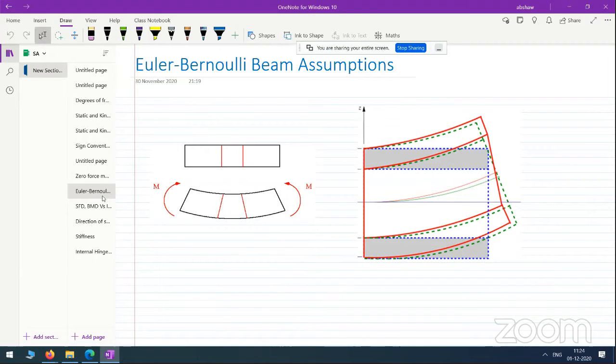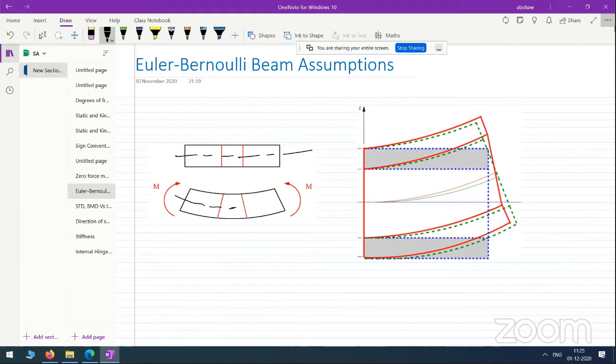What does it mean? It means essentially this. Suppose you take a beam like this, and these are two sections, and suppose this is the neutral axis of the section, and then after bending, this is the neutral axis.